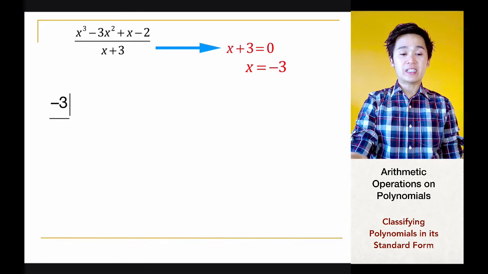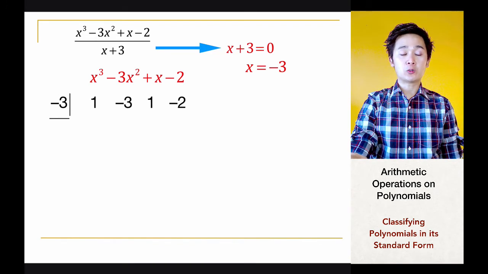So our divisor will be the zero of your denominator, which is negative 3, and using the coefficients of your numerator, we'll have 1, negative 3, 1, and negative 2 as the coefficients of our synthetic division.